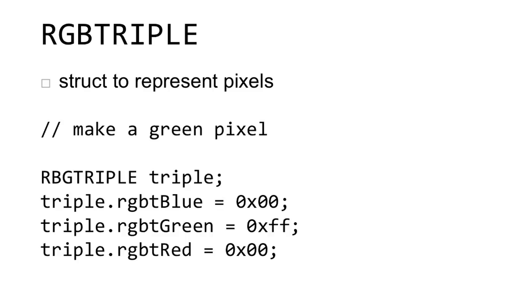All right, so let's take this one step further, and let's talk about the RGBTRIPLE struct. This struct will represent our pixels. So if I were to, say, make a green pixel, then I'd declare my RGBTRIPLE called triple, and then access the parameters within. rgbtBlue, I'll set that to 0. rgbtGreen, setting that to full green, and rgbtRed set to 0, and there I have a green pixel.